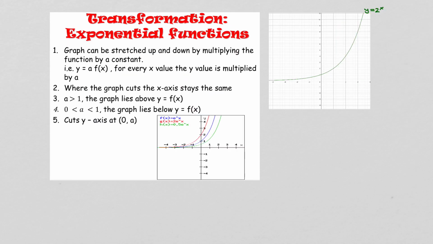So the last one then is where we multiply by a number. If the number is a whole positive number, then the graph is going to lie above it. And if the number is a fraction, then the graph will be below the original graph.